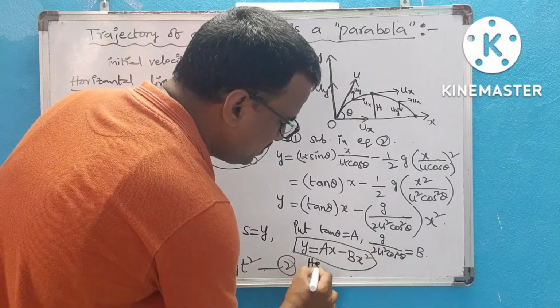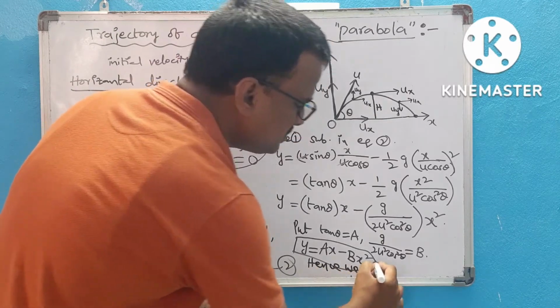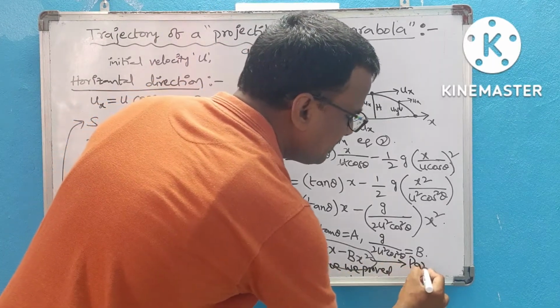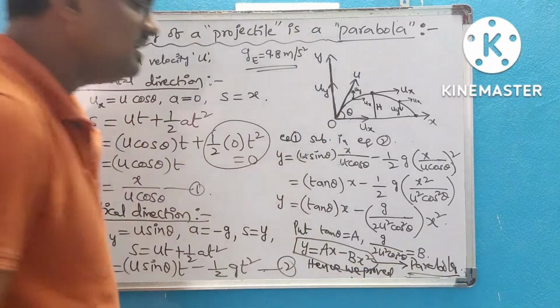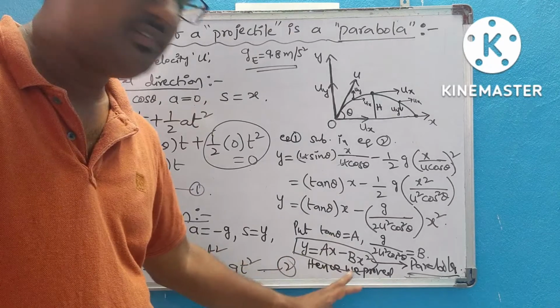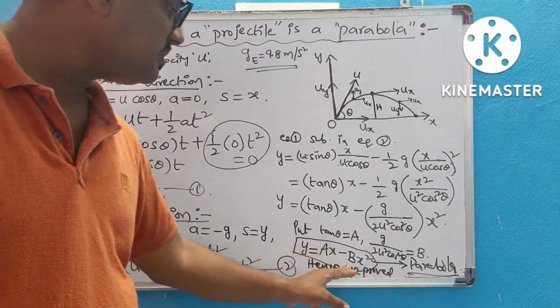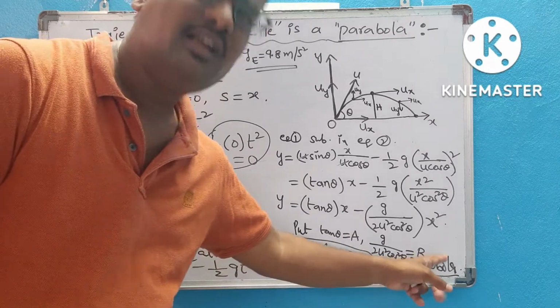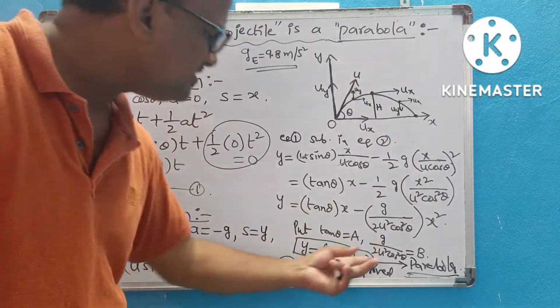So hence we proved. What did we prove? This represents a parabola. In mathematics, the equation y equal to ax minus bx square represents the parabola. That's why hence we proved.